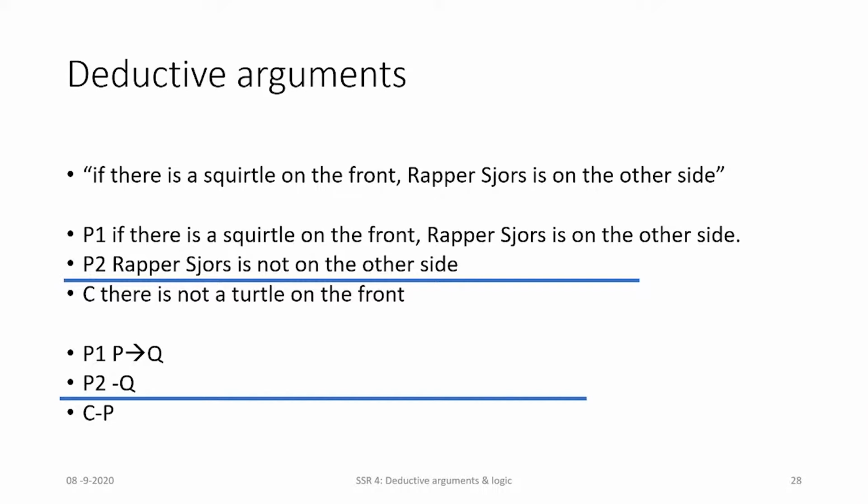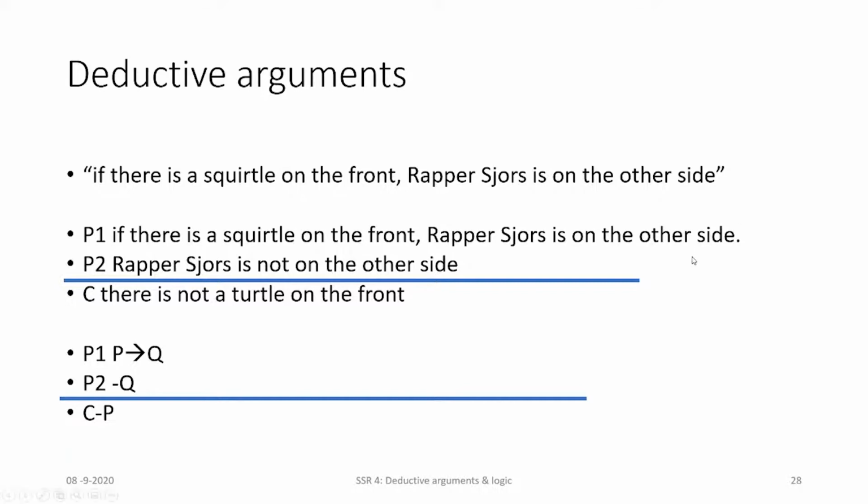So we know that we can deny the consequent, or denying the consequent would mean we have to deny the antecedent as well. If we deny Q, we have to deny P as well. So if P, then Q, if there's Squirtle on the front, Rapper Source is on the other side, we can check whether the rule holds by indeed checking if it's the case that Rapper Source is not on the other side, there's indeed not a Squirtle on the front as well.